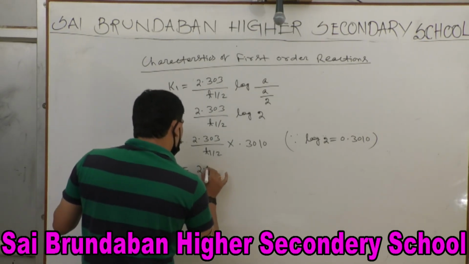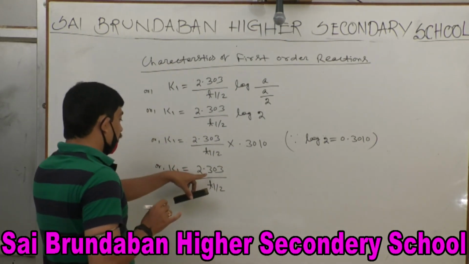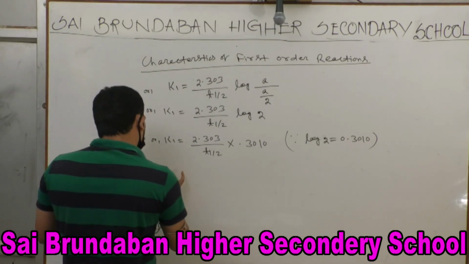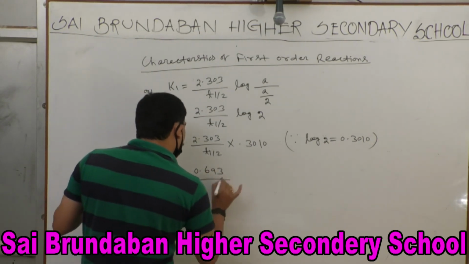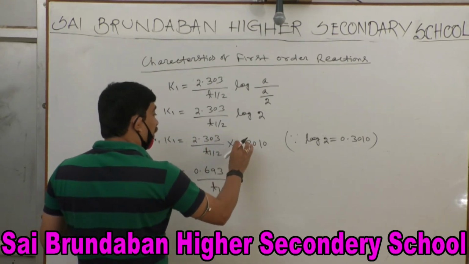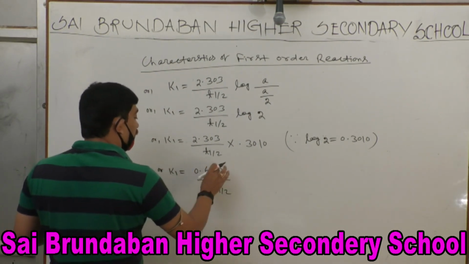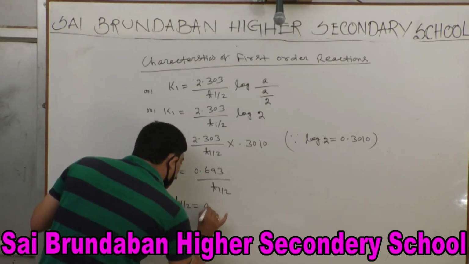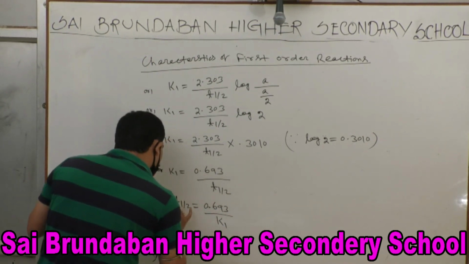So we can write K1 equal to 2.303 into 0.3010 by T half, that is 0.693, or K1 equal to 0.693 by T half, or we can write T half equal to 0.693 by K1.